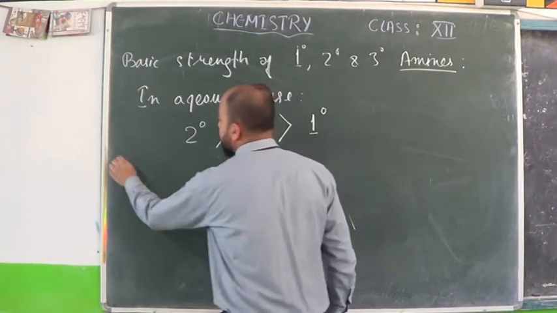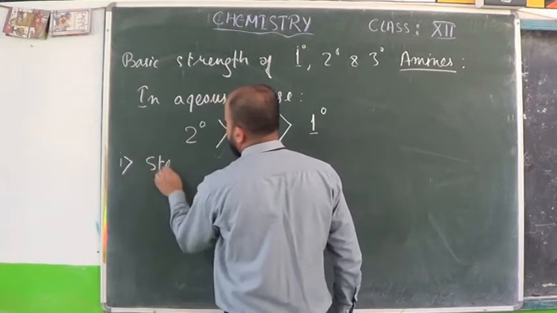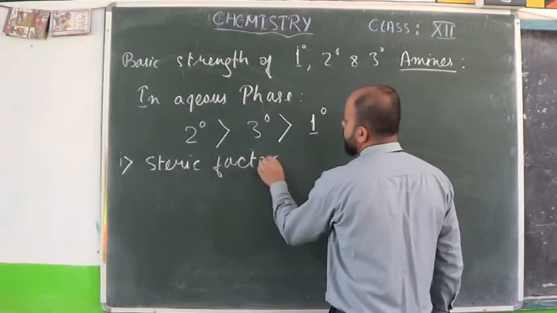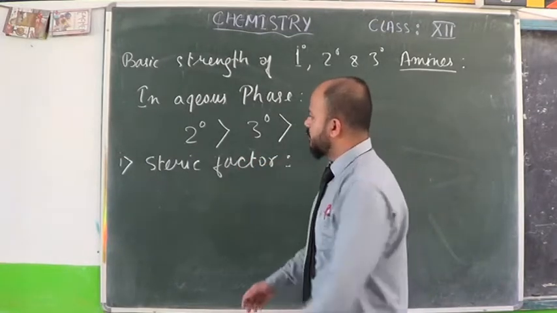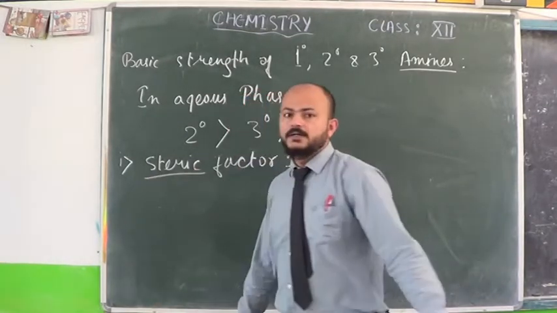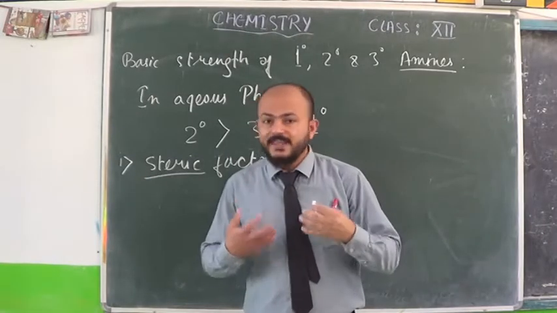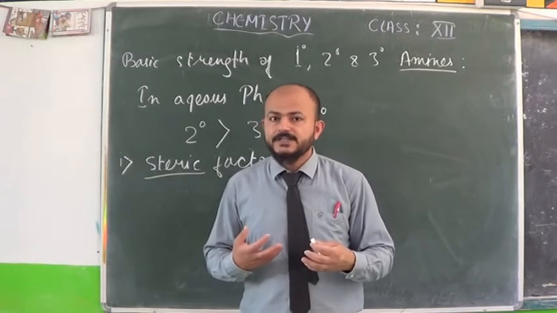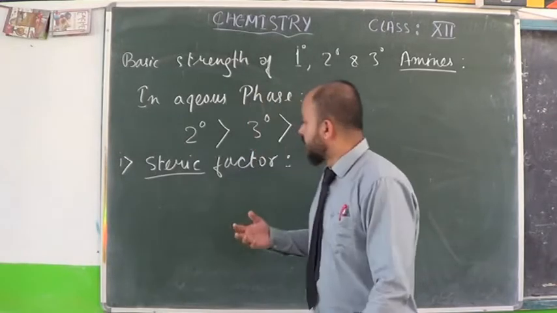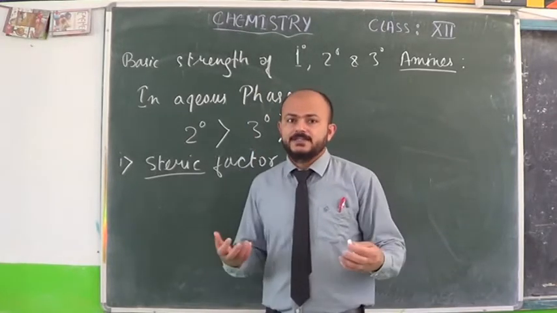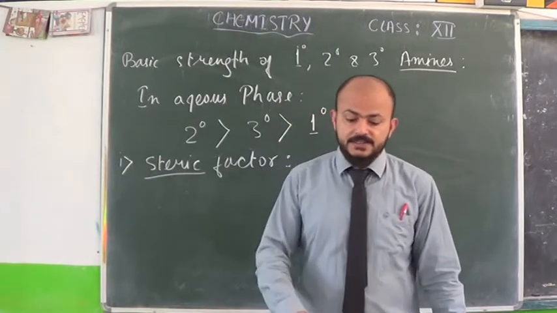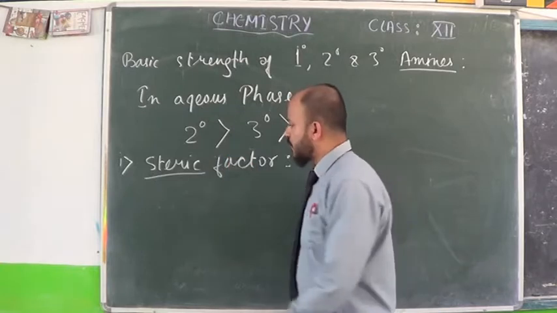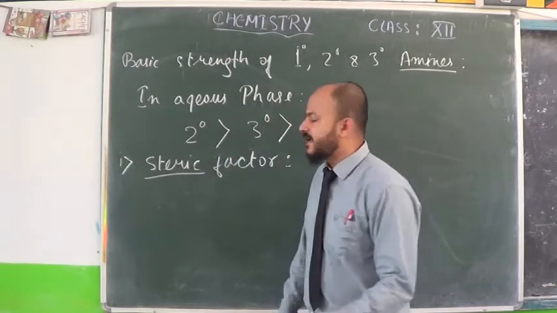The first one is the steric factor. Now steric means when the size is bigger, then in that particular case the repulsion will be maximum. So you have to remember this steric factor. In case of tertiary you have maximum steric factor. Why?